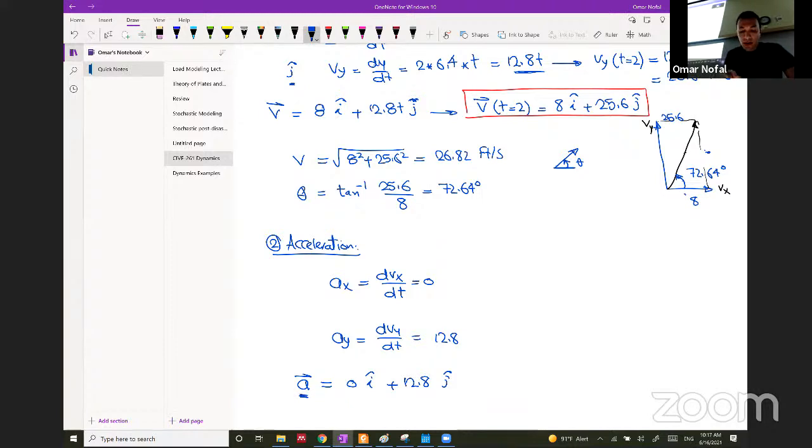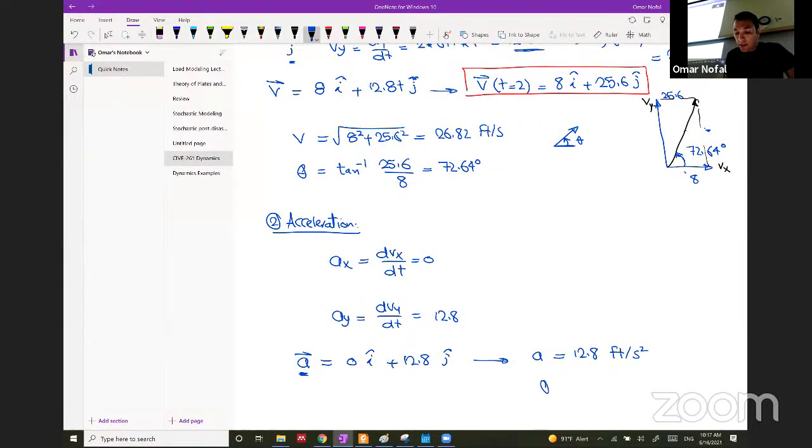So there's no x direction. The magnitude a, if you take the sum of squares, will still give you 12.8 feet per second squared.